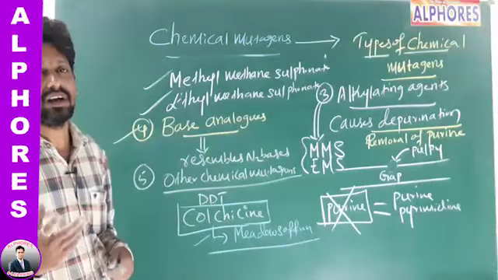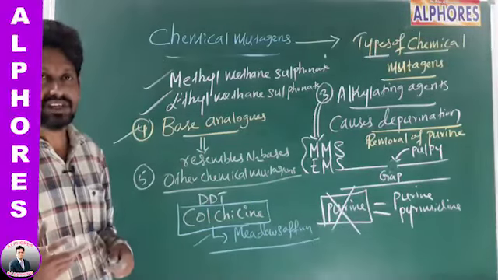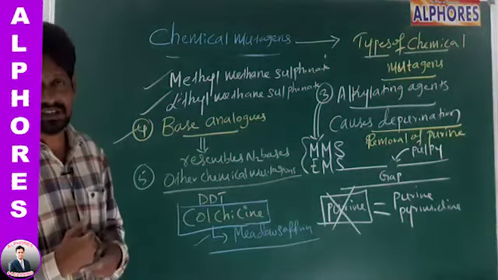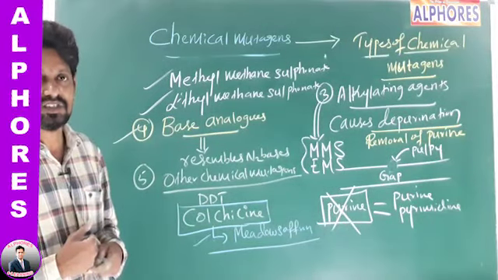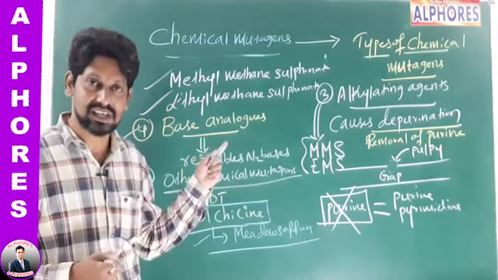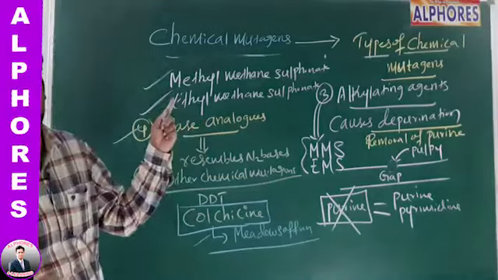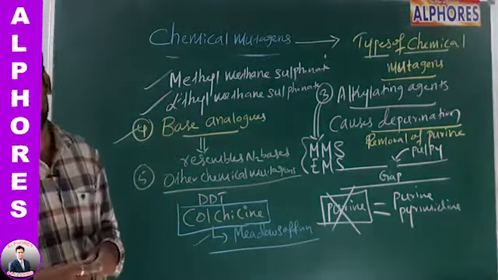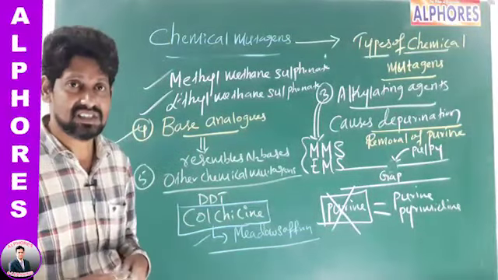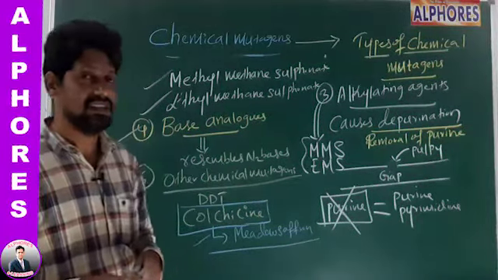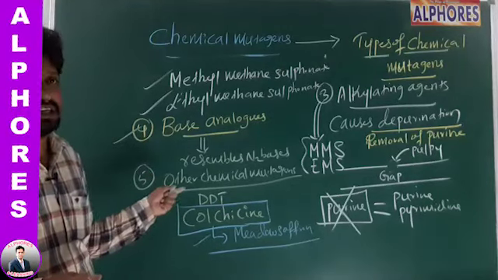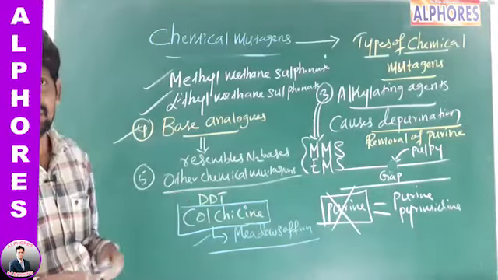Physical mutagens are radiations, either ionizing or non-ionizing. Among chemical mutagens, the first identified was mustard gas, the second is nitrous acid, the third is alkylating agents, the fourth is base analogues, and next are DDT and colchicine. Okay, thank you.